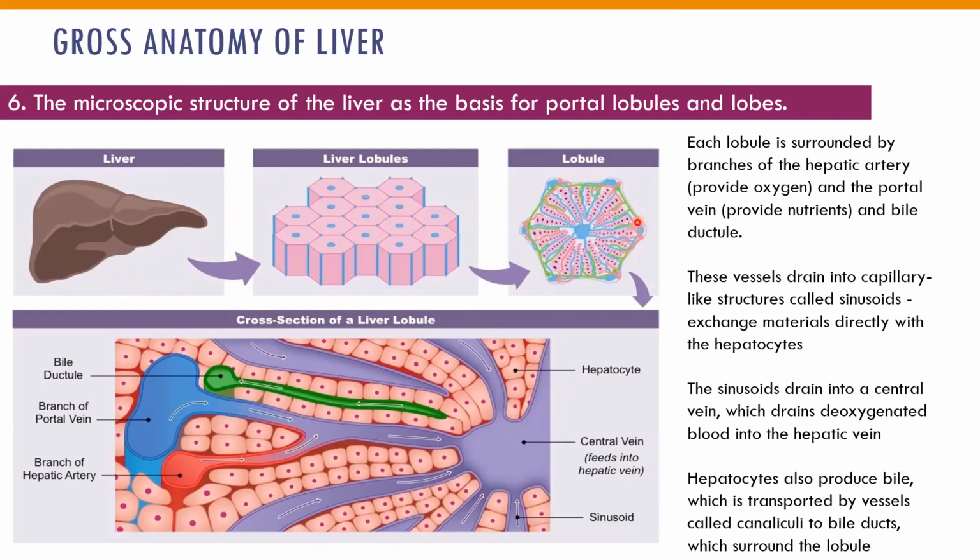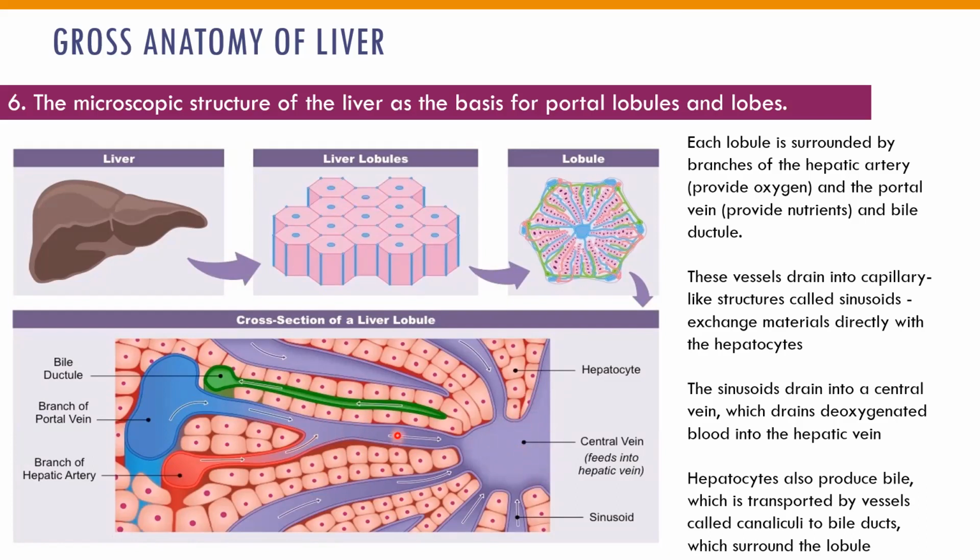Each lobule is surrounded by branches of the hepatic artery, portal veins, which provide nutrients, and bile ducts. These vessels drain into capillary-like structures called sinusoids. They exchange materials directly with the hepatocytes surrounding the sinusoid, and the sinusoid drains into the central vein, which drains deoxygenated blood into the hepatic vein.